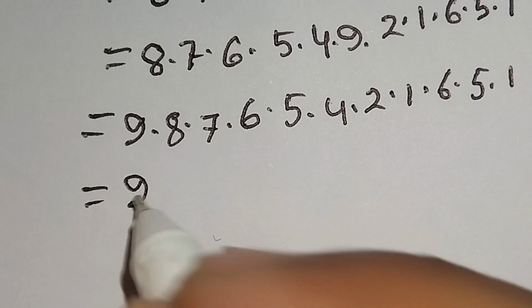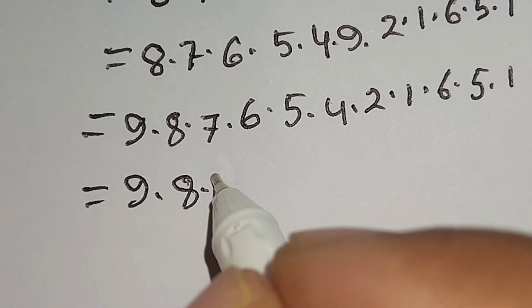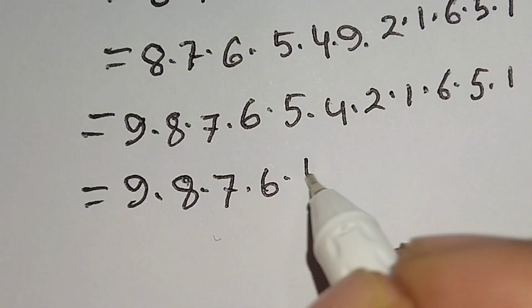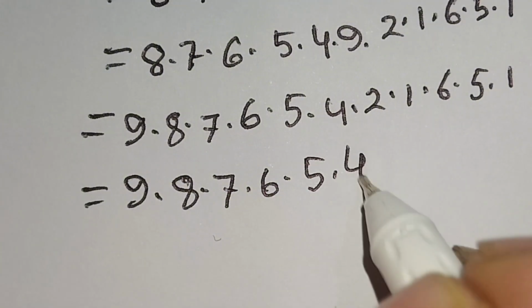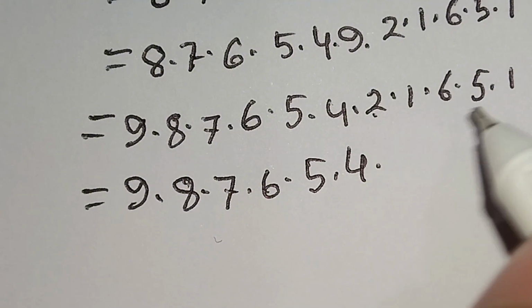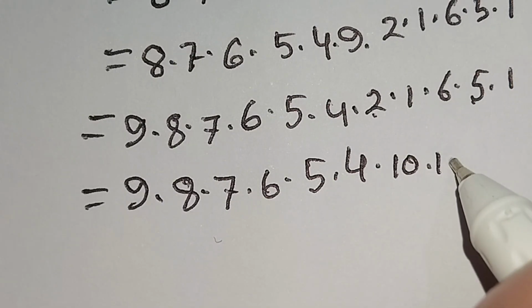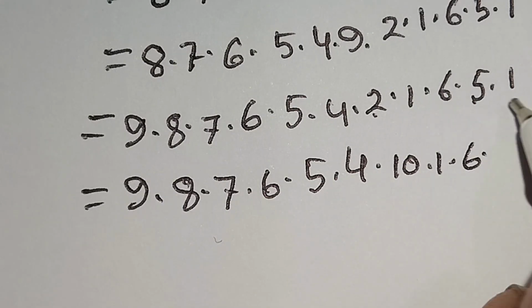Here 9 times 8 times 7 times 6 times this 5 times 4 times this 2 times 5 is equal to 10 times this 1 times this 6 times this 1.